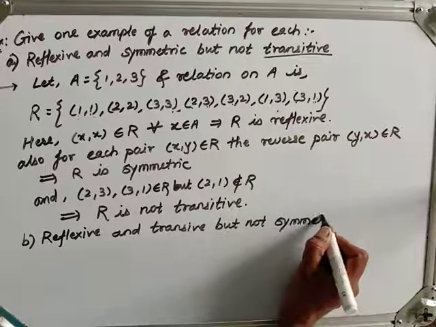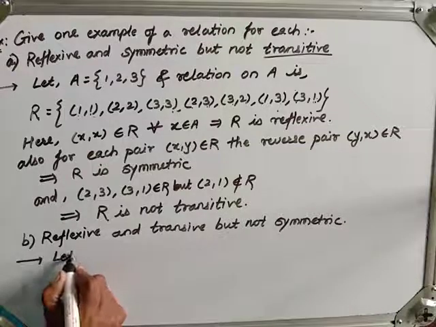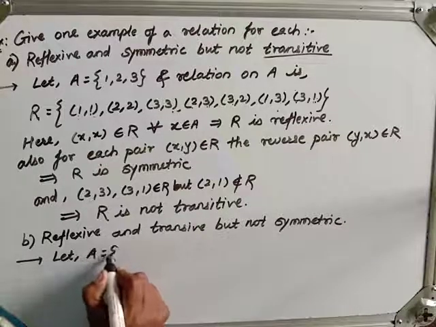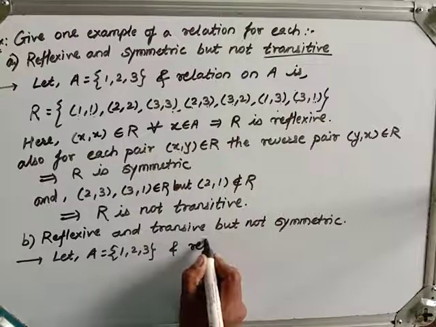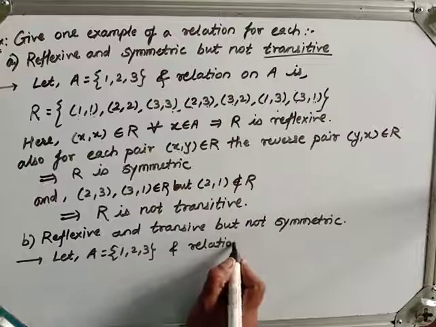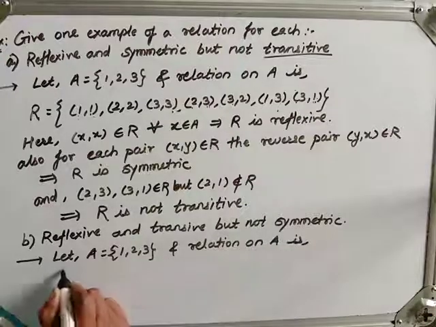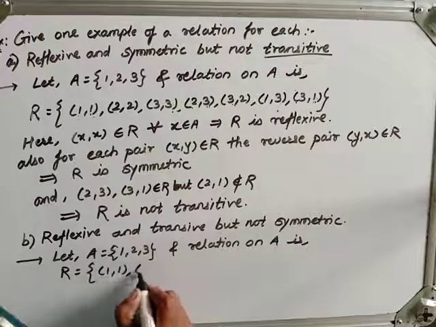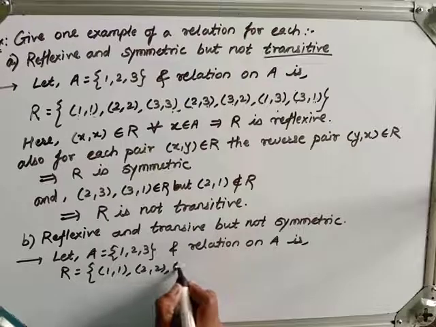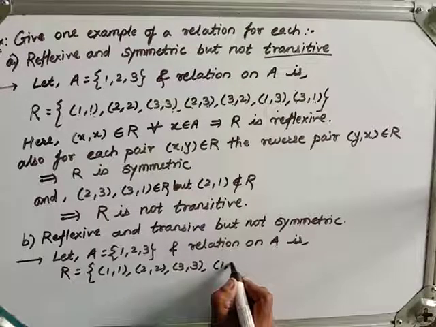Now here also let me assume set A having the elements 1, 2, 3 and a relation on A, suppose R, that consists of the pairs (1, 1), (2, 2), (3, 3) and suppose one more pair (1, 2).